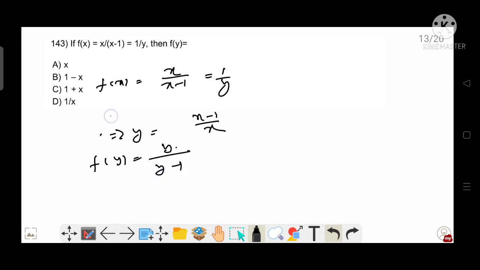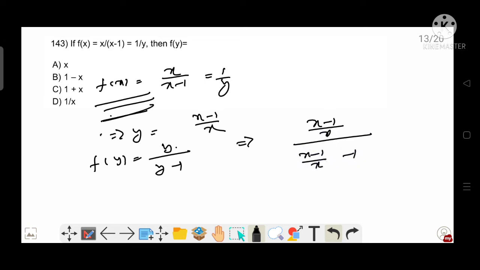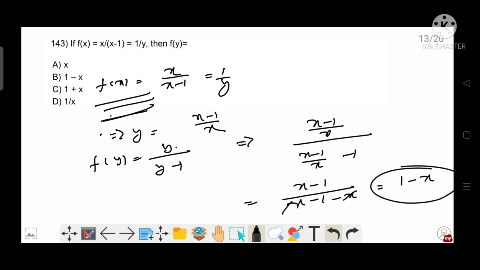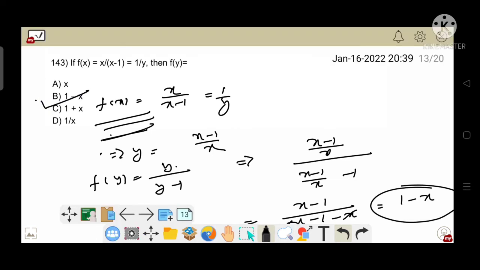Putting this y, x minus 1 by x divided by x minus 1 by x minus 1. On solving this, x minus 1 divided by x minus 1 minus x. So 1 minus x is the answer, which is B. I think B is the answer. Moving to next.